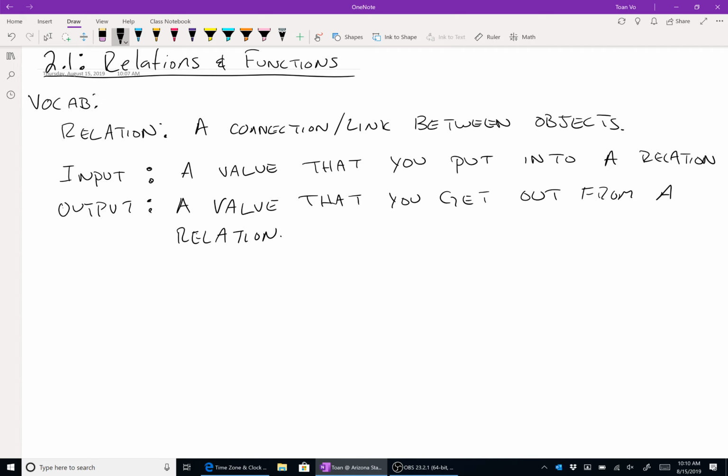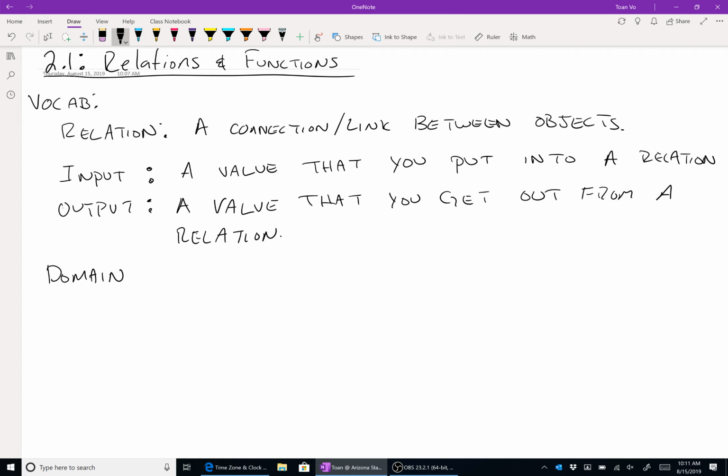So inputs, as the name suggests, are numbers that you are literally putting into a relation, and outputs are numbers that you get from a relation. Now, if I were to collect all the numbers that I'll be putting in, and collect all the numbers that I get out, we create what is known as a domain and range.